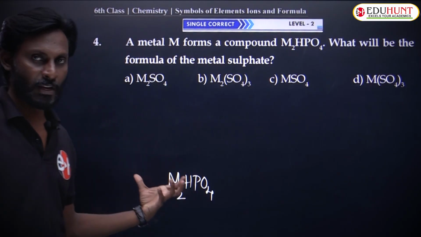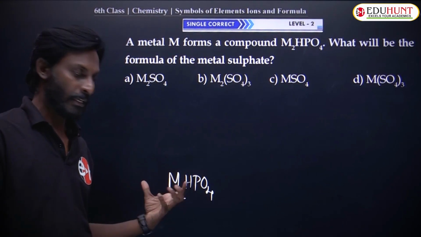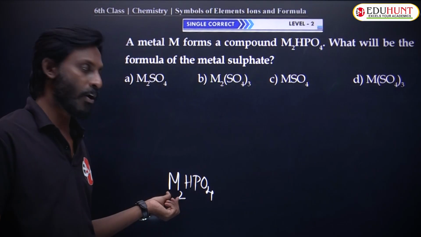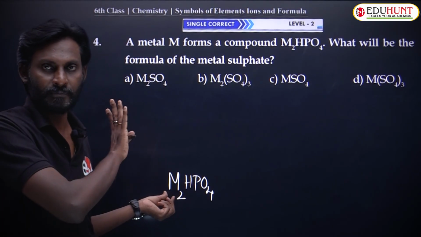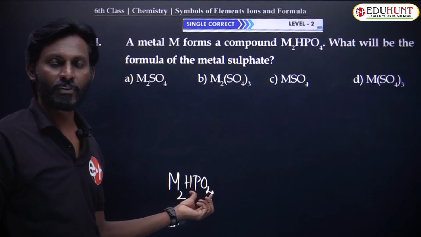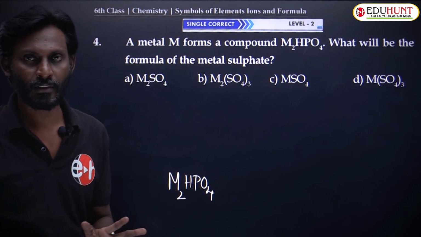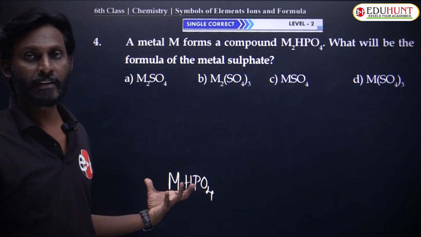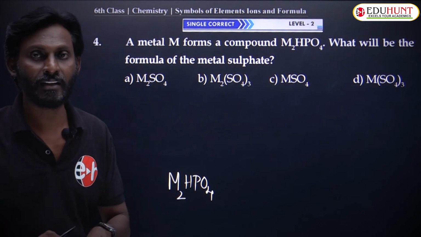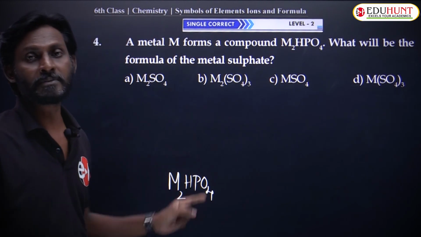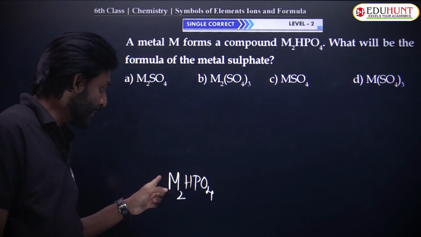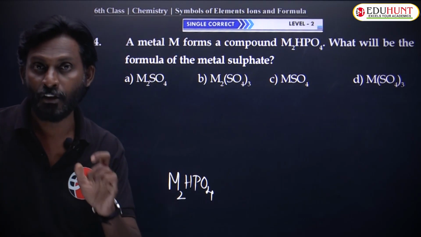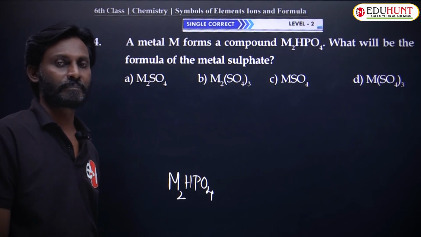So, this formula is given. In this formula, the cation is M, it is a metal as said in the question, and HPO4 negative is the anion. So the formula is given to you, and we are asked, if this metal forms sulfate, what will be the formula?